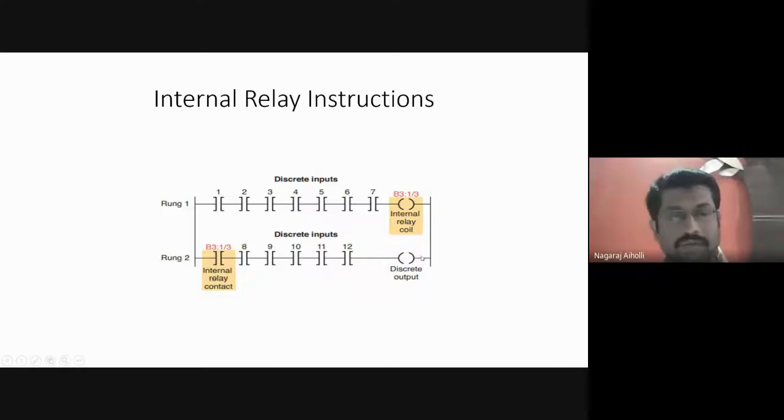The advantage of this internal storage bit is that it does not waste space in the physical output. Very important. Space in memory is actually meant to control the field device.